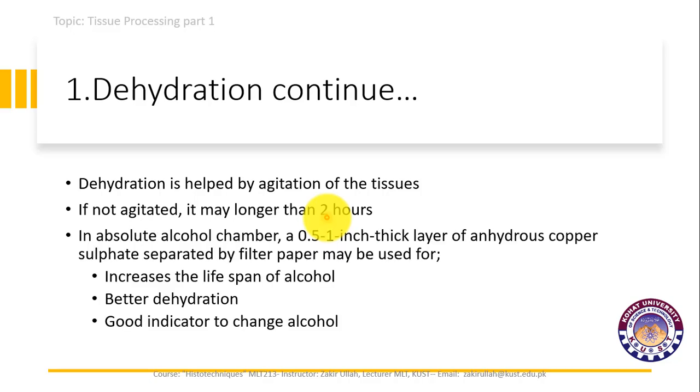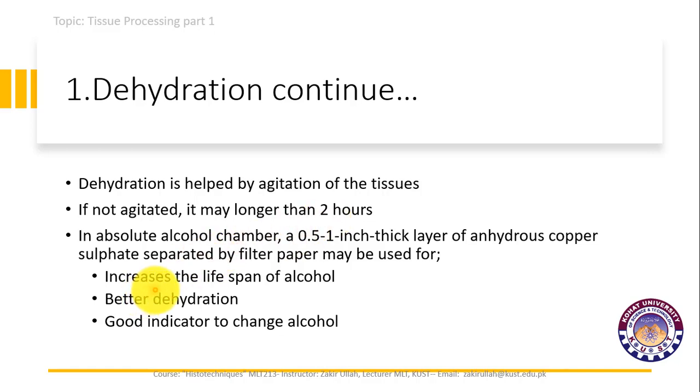In absolute alcohol, for a tissue of 0.5 to 1 inch thick layer, anhydrous copper sulphate separated by filter paper is used. This anhydrous copper sulphate has different advantages.